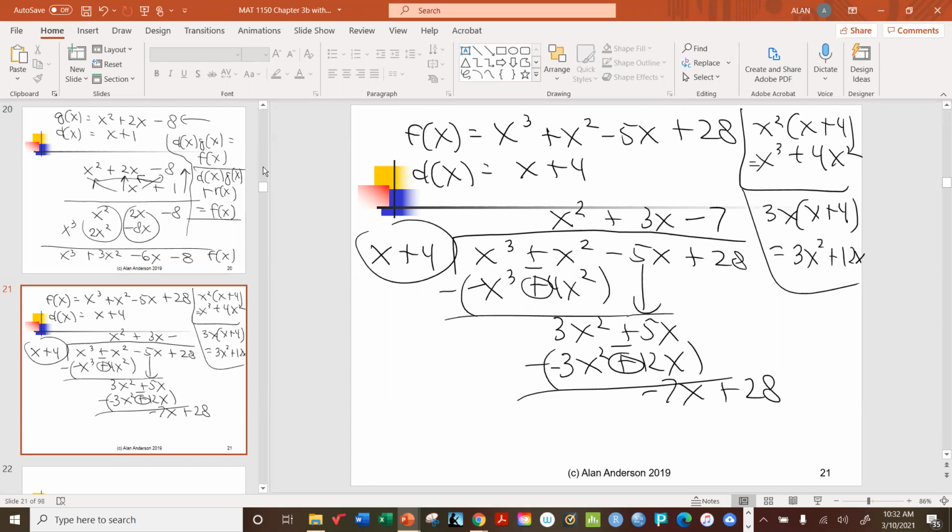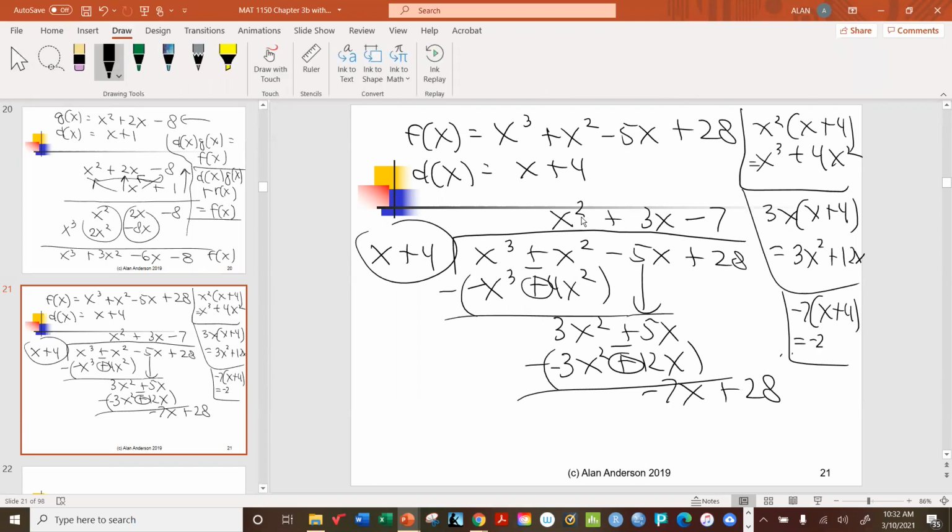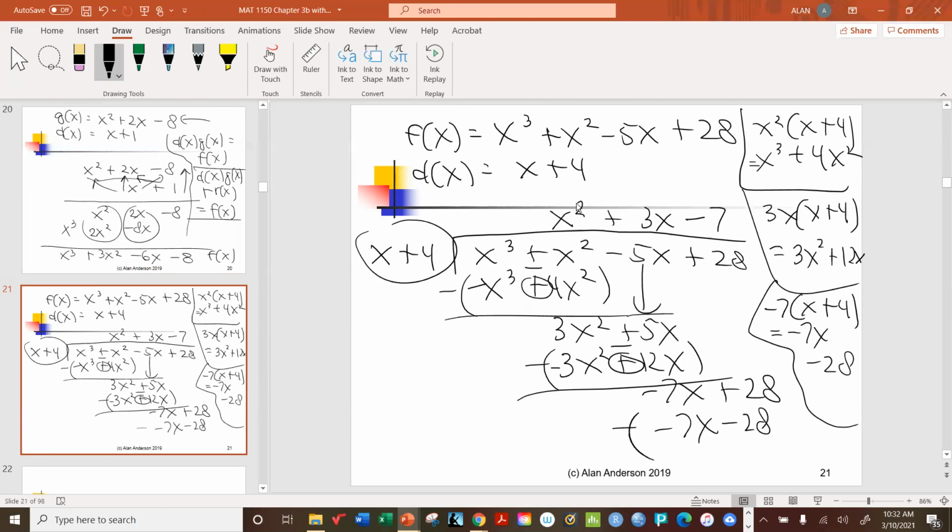Let's put a minus 7 here, because minus 7 times x plus 4 is minus 7x. Hold on, I'm running out of space here. If I multiply minus 7 by x plus 4, I end up with minus 7x minus 28. And when I subtract that, these both become positives. And I've got a remainder of 0.